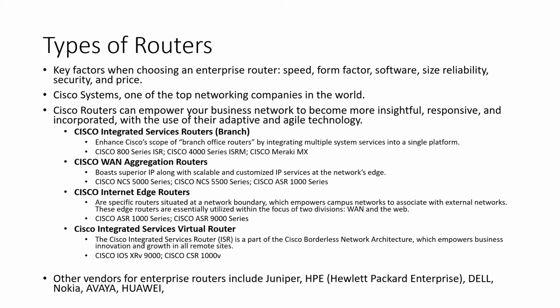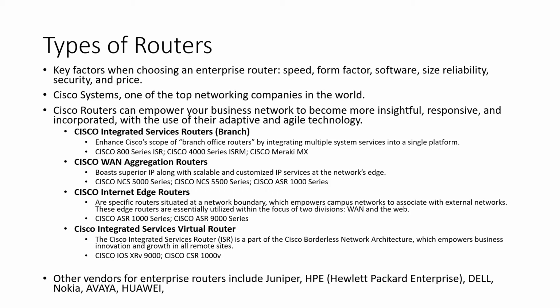Cisco WAN aggregation router boosts superior IP along with scalable and compromised IP service at the network's edge. Cisco Internet Edge routers are specified routers situated at a network boundary which empowers campus networks to associate with external networks.